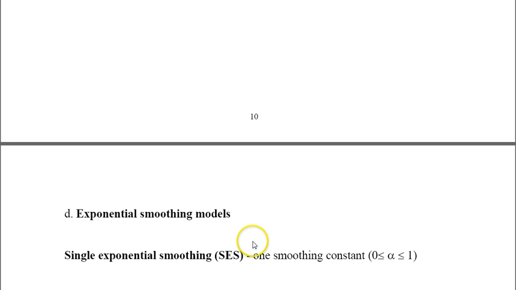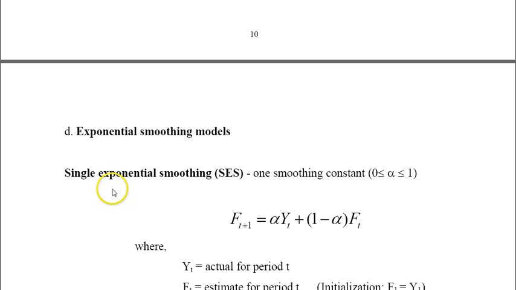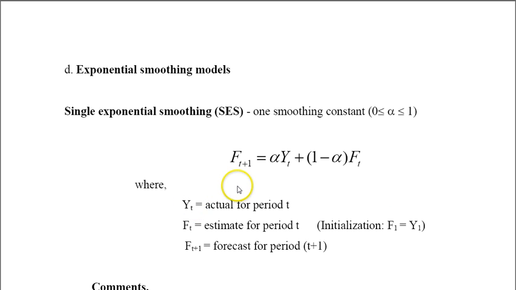The exponential smoothing model, and here we're going to focus on single exponential smoothing. Here we use one smoothing constant alpha. The forecast for period t plus 1 is a weighted average of the last period's actual observed value, plus 1 minus alpha times the forecast for period t.